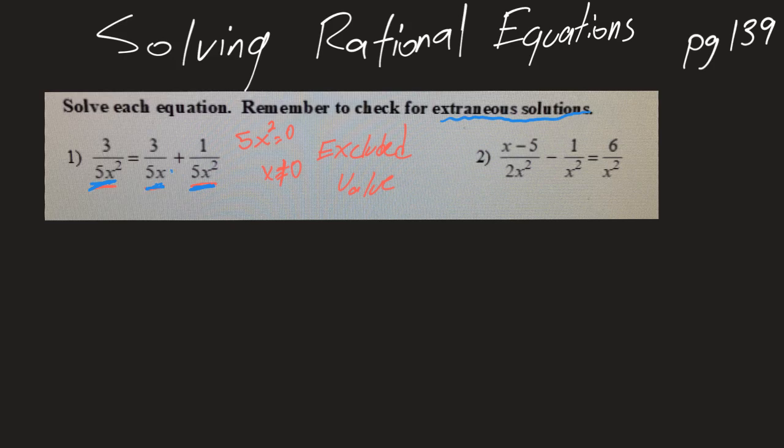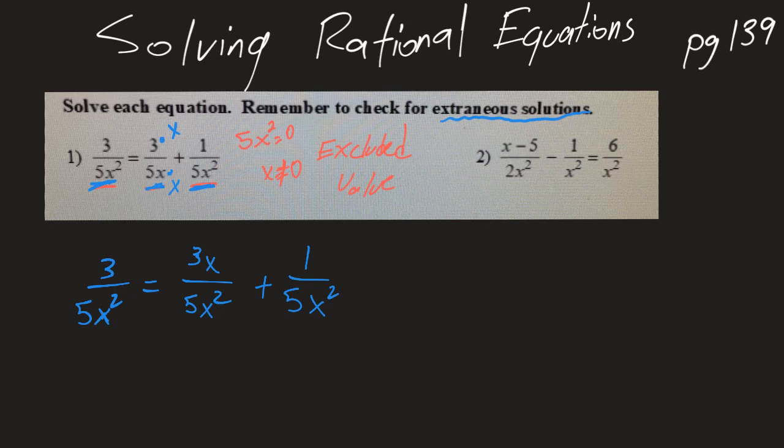Absolutely. Let's multiply by x on top and bottom. And then I'm going to rewrite our problem. Let's see what we've got: 3 over 5x squared equals 3x over 5x squared plus 1 over 5x squared.